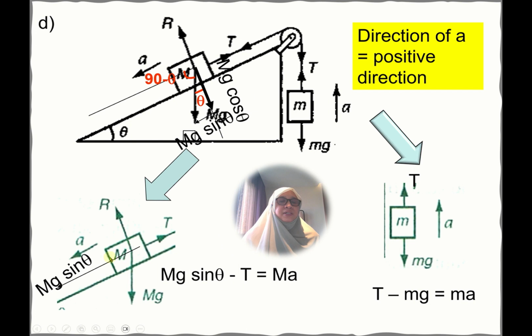So the force along the direction of A here will be mg sin theta minus T, because mg sin theta is in the direction of A, and T is opposite direction of A, so minus T equals to ma. Okay, this question does not ask you to solve it, just write the equation in the form of F equals to ma.